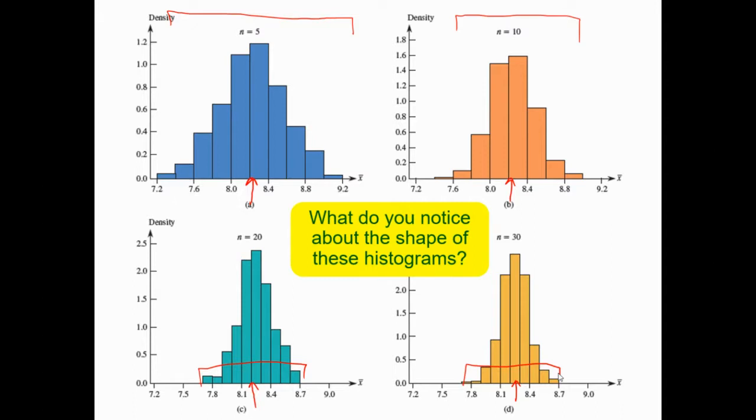It's bell-shaped. So shape-wise, they're all approximately normal. Clearly, they have different heights, but they're still all bell-shaped or normal.